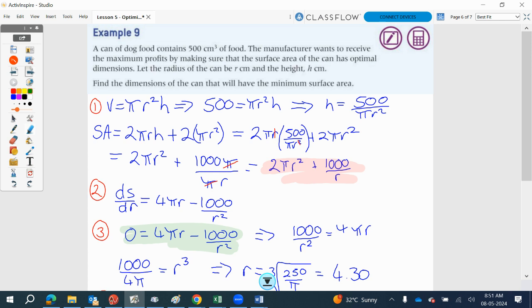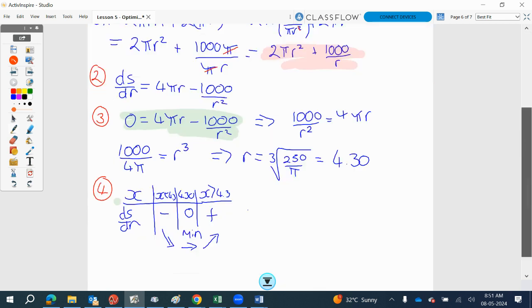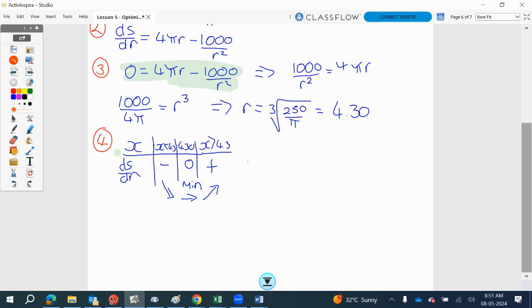So we have a function here that describes the height in terms of r. We can go back to this and use this. So height is 500 over pi r squared.